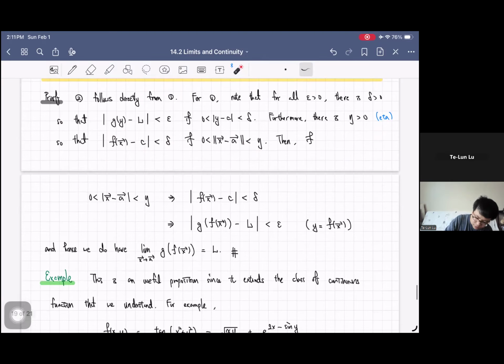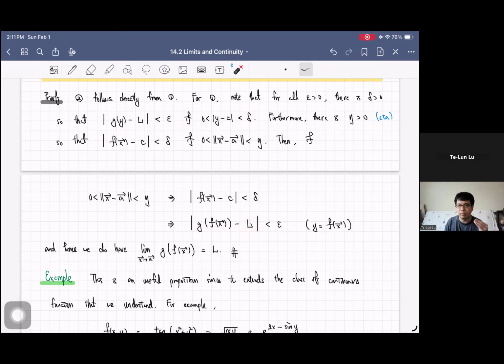So by such definition, we see that whenever x and a are within 0 to eta, then by definition, f is within distance delta of c. And we can plug the y here to be f of x to see that since f and c are within the distance delta, so g of f of x and l are within a distance epsilon.